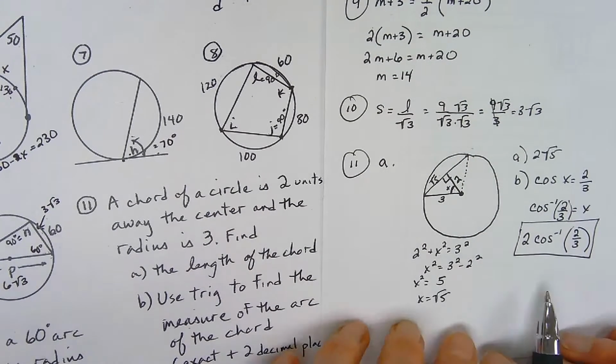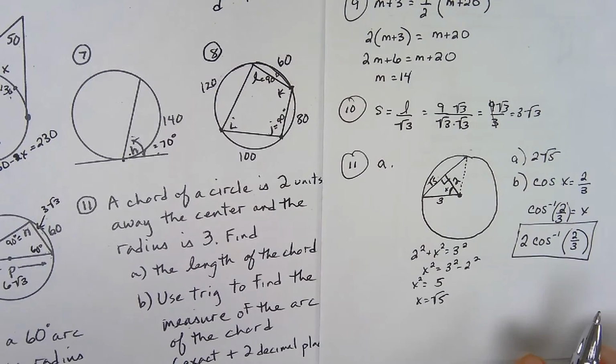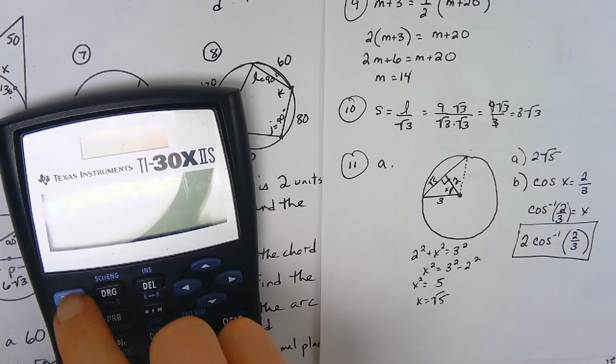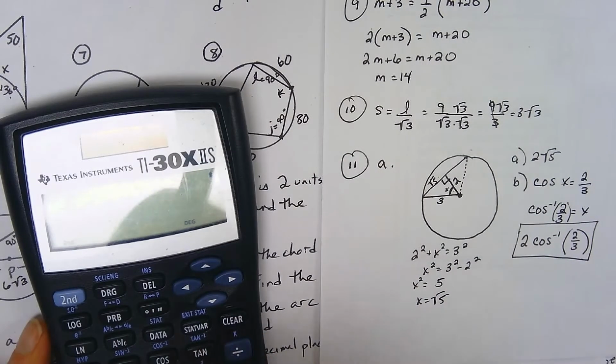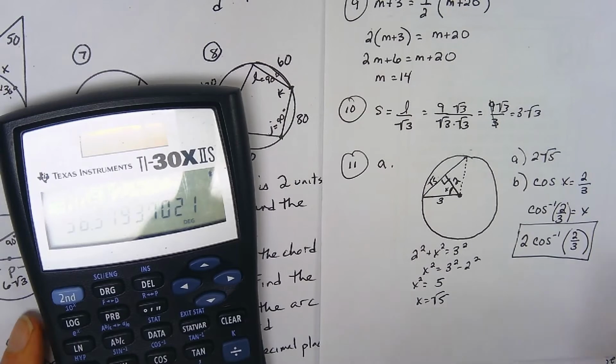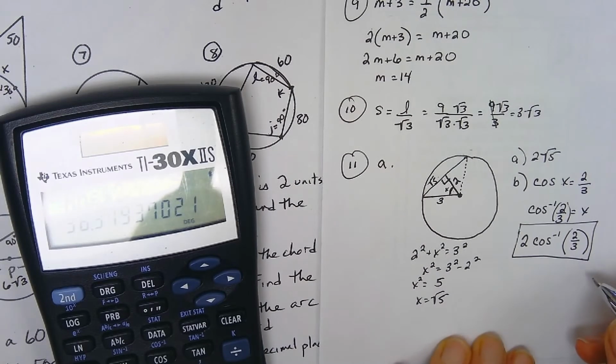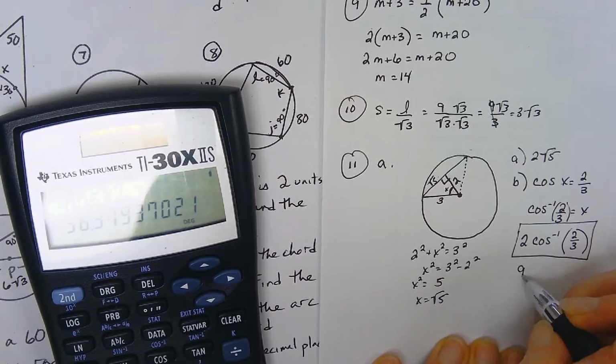And then putting that in your calculator will give us the approximate answer. Cosine inverse of 2 divided by 3 times 2 equals 96.38 degrees.